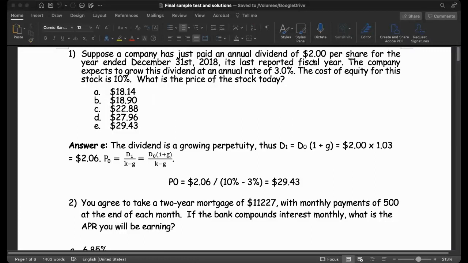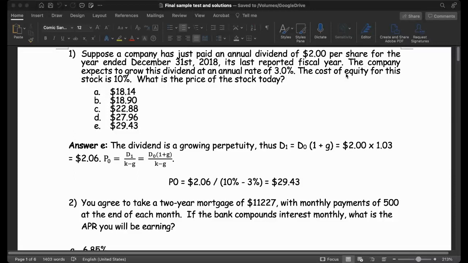Because this dividend grows at a rate of 3%, we have a constant growth rate here. g equals 3%. This tells us we can use the constant growth version of the dividend discount model.